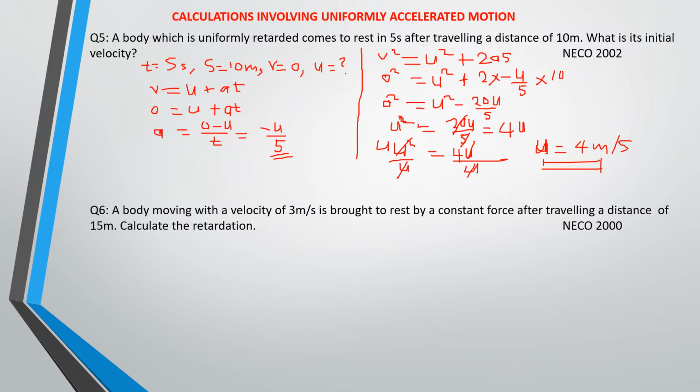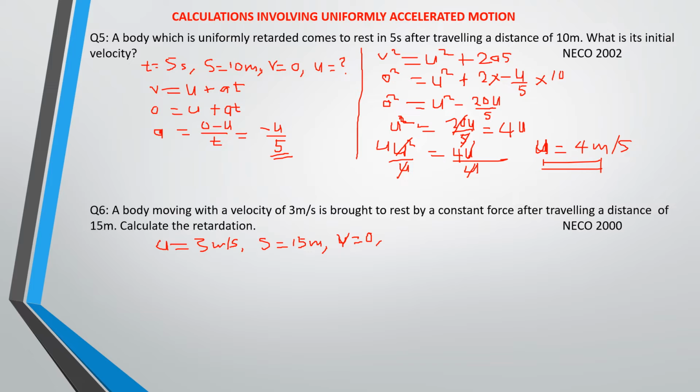So now you bring out what is given to you. You are given that u is equal to 3 meters per second. You are given the distance to be 15 meters. Since the body is brought to rest, your v is equal to 0.